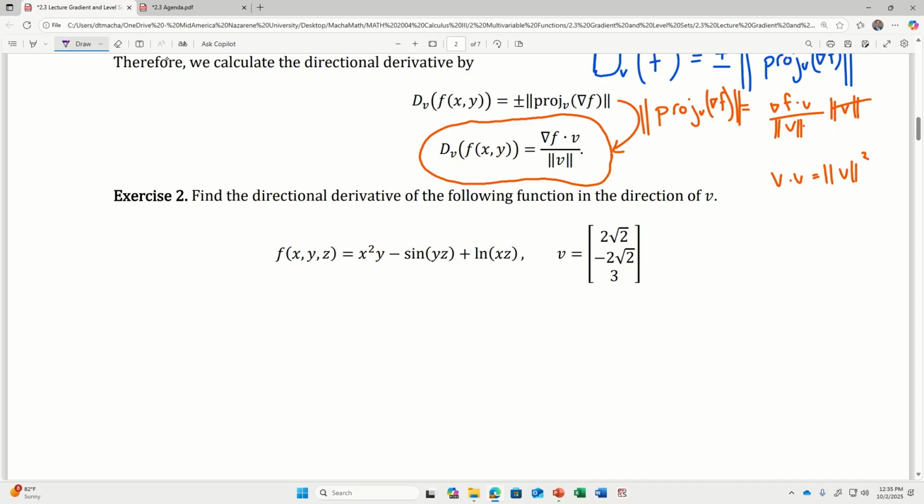We just found the gradient of f a moment ago for the same function. I don't remember what we found, but we did do that. So partial with respect to x, and then partial with respect to y, and then lastly, the partial with respect to z.